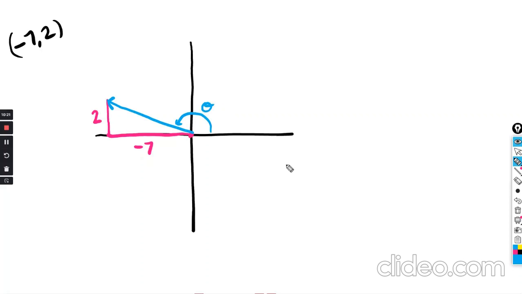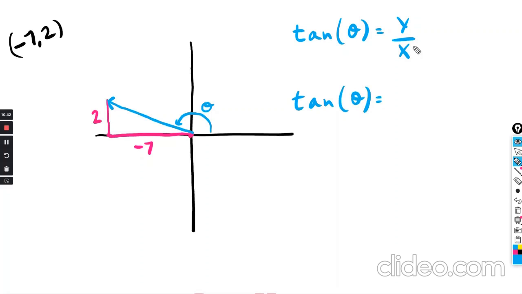This time I'm going to go right to the formula. The tangent of the angle theta equals y divided by x. So tan of theta equals the y component, which is 2, and the x component, which is -7.